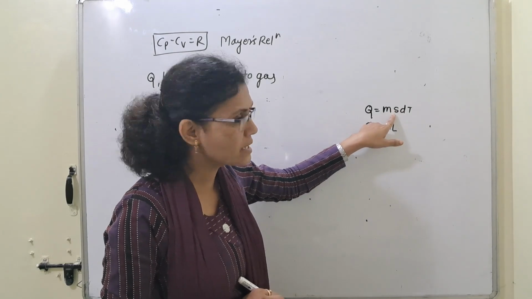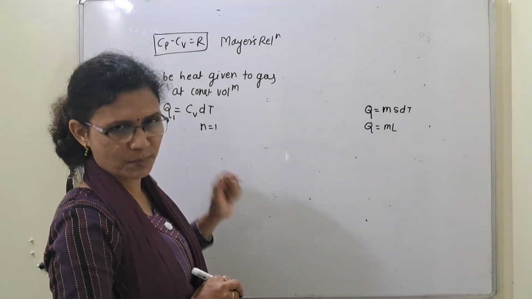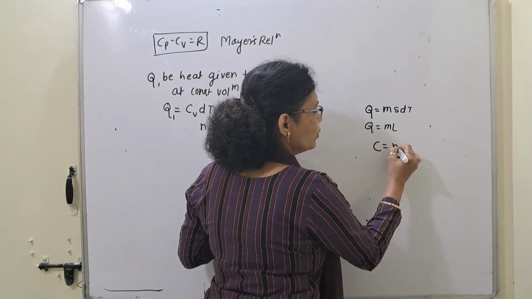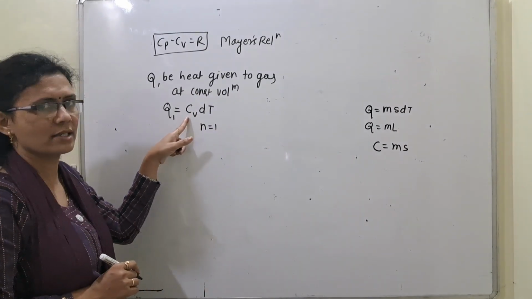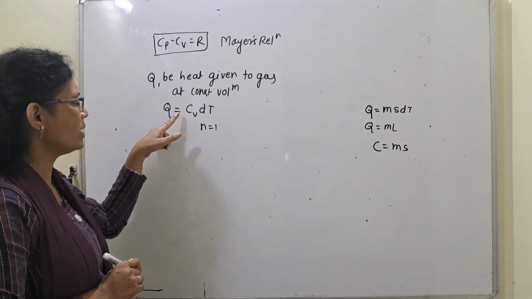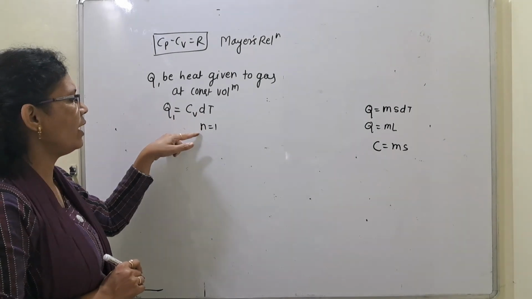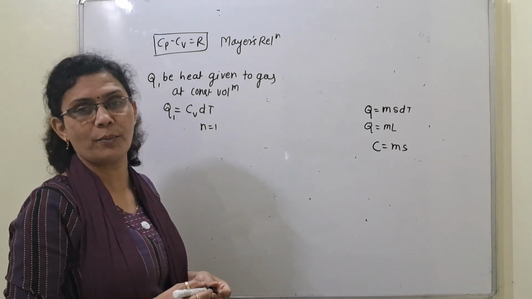But this is the principal specific heat and we have to consider molar specific heat. Then what is the relation between them? C is equal to m into s. So I have written this as Q1 is equal to Cv into delta T. And why have I not taken this n? Because we are going to consider 1 mole of gas here.